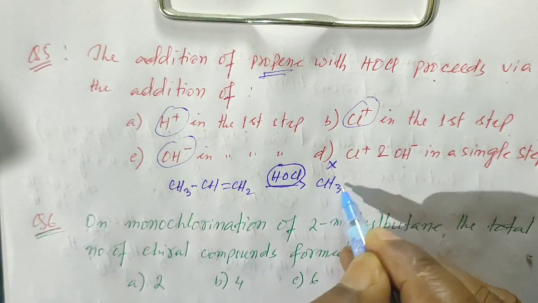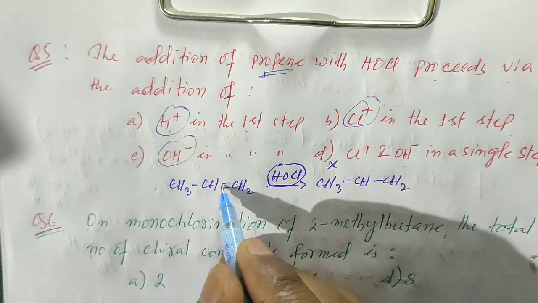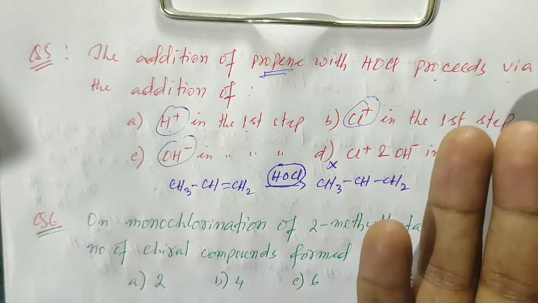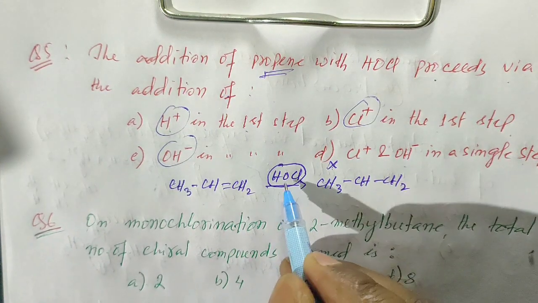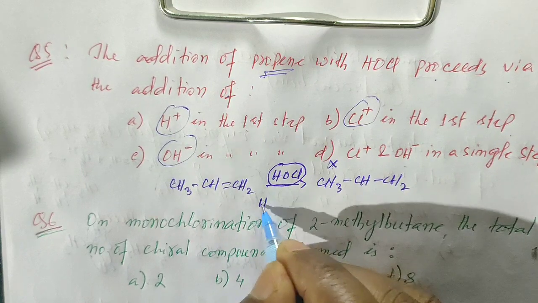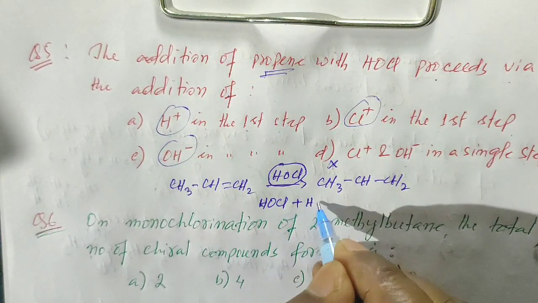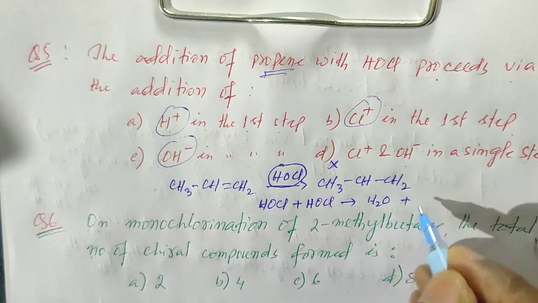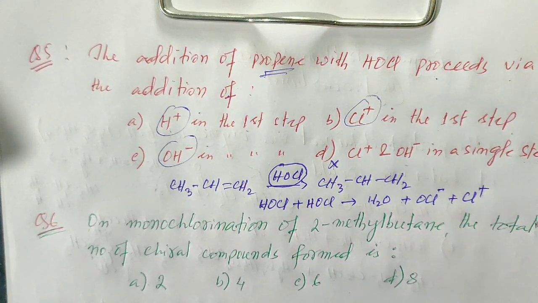Since there is a double bond, it has an excess of electrons, therefore an electrophile will attack first. The important point here is that HOCl undergoes self ionization to form H2O, OCl minus and Cl plus, like this.